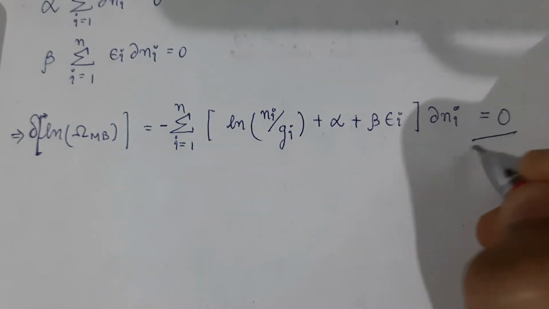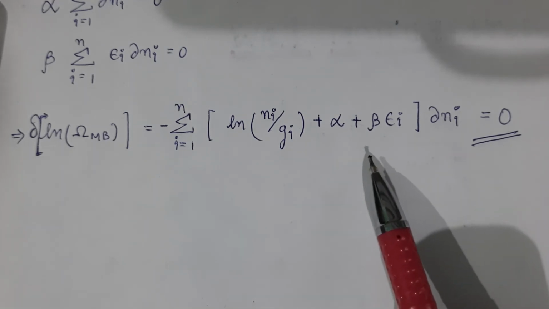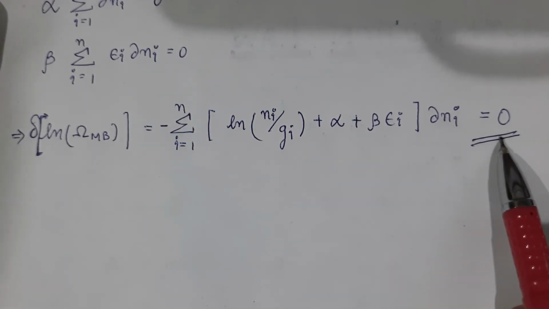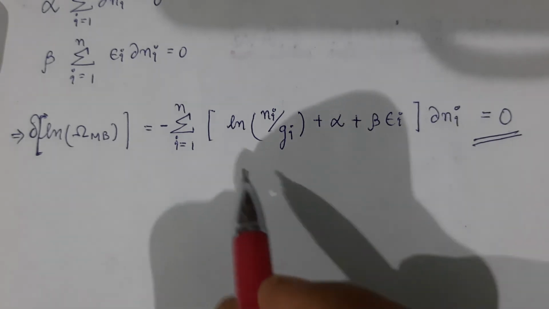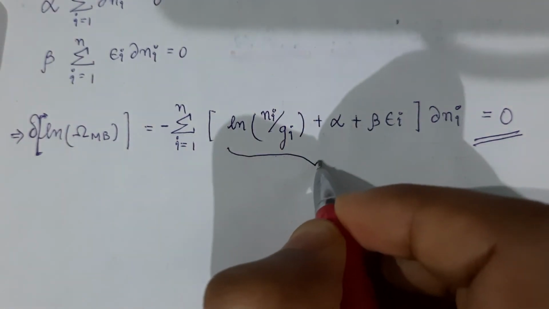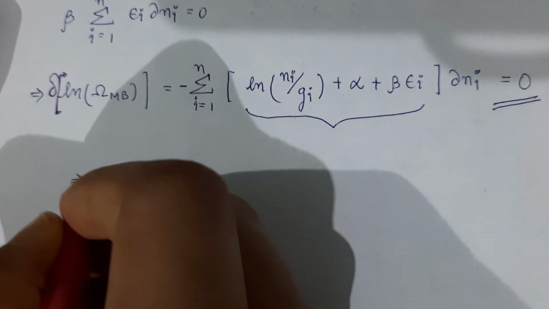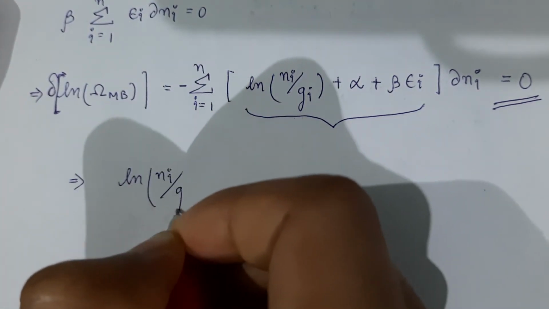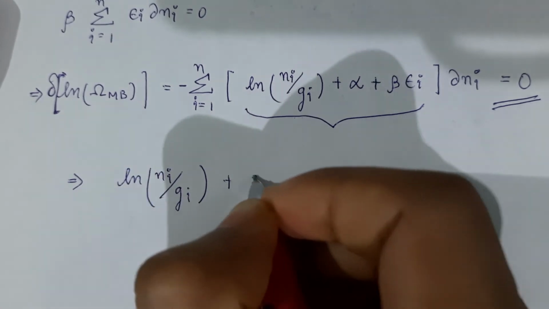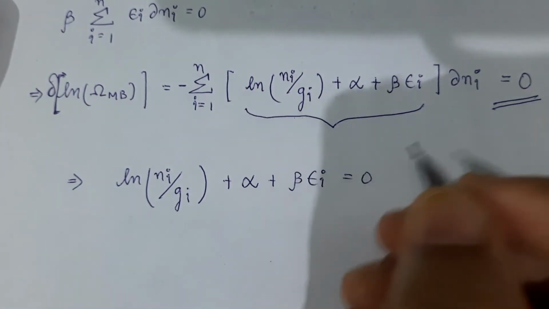This is our required expression that we wanted to derive in order to substitute it with the 0 and get our equilibrium condition. So if this expression is equal to 0, this means that this whole thing must be equal to 0. Equating it to 0, we get ln of Ni over Gi plus alpha plus beta times Ei is equal to 0.